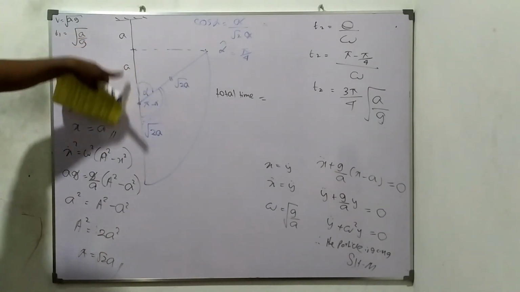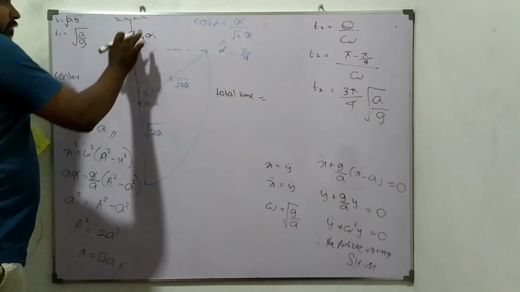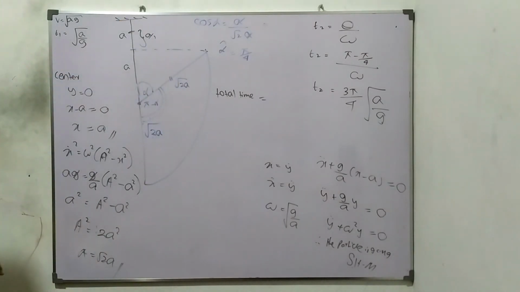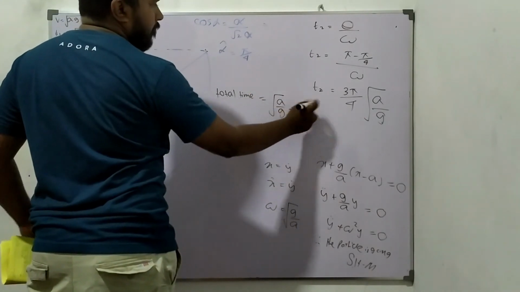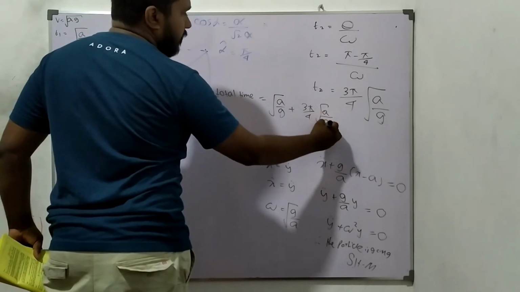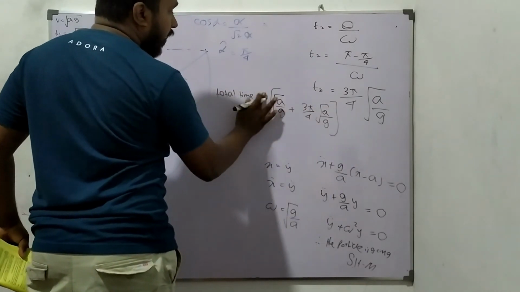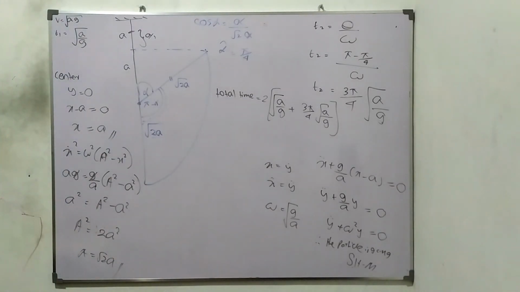Down to the natural length takes root a over g, plus 3 pi over 4 root a over g, but it's twice because it's going down and coming up.